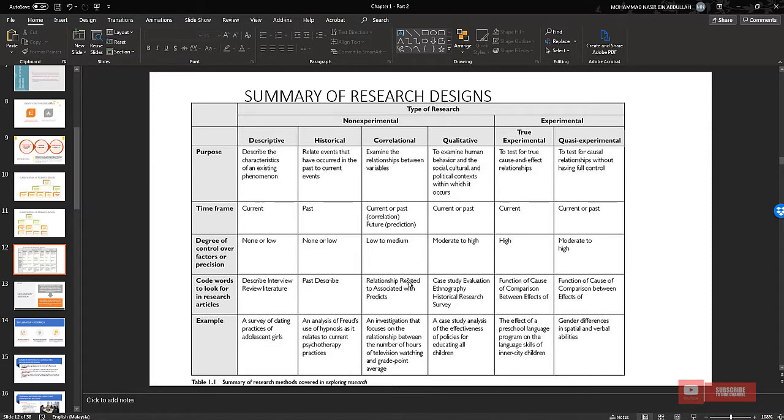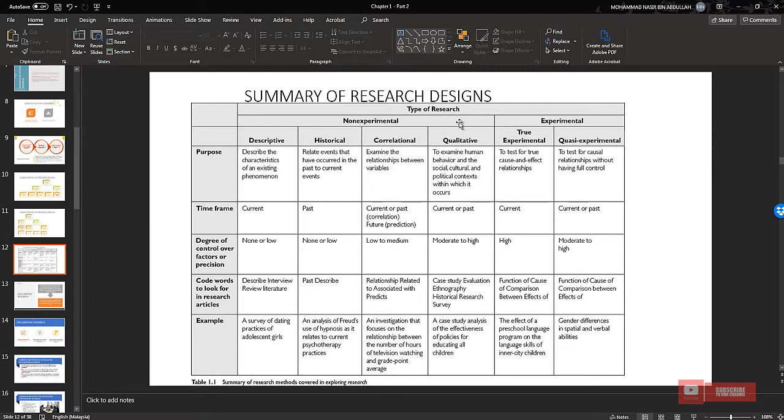So these are the keywords: relationship, related, associate with, predicts. And the example of correlational research is an investigation that focuses on the relationship between the number of hours of television watching and the grade point average.